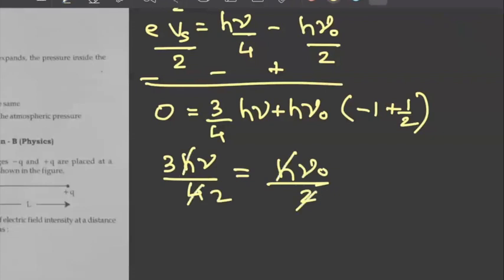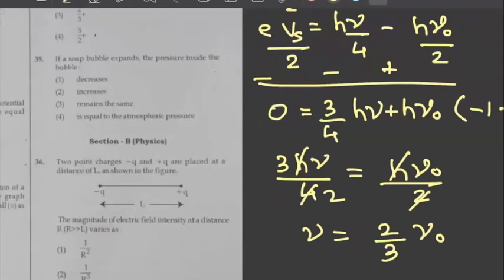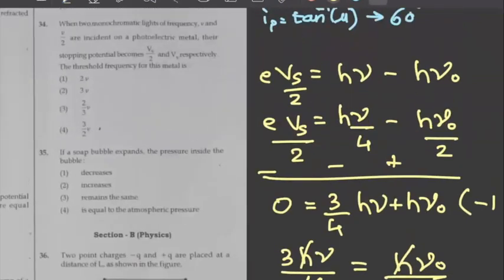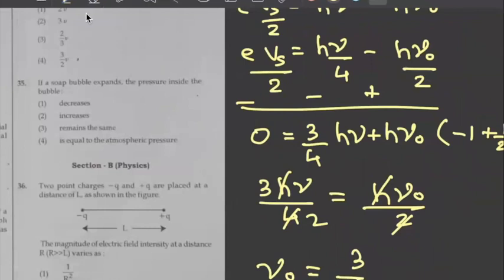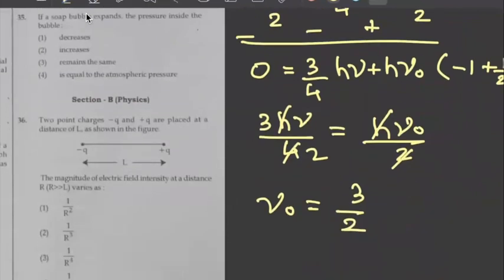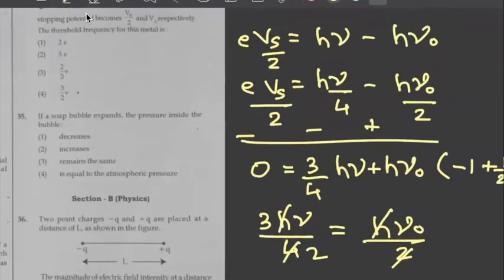We have 2 by 3, so nu is equal to 2/3 of nu naught. Oh sorry, we want it the other way around. We want nu naught. It is going to be 3 by 2 times nu. So is there an option 3 by 2 nu? Yes, that is this one.